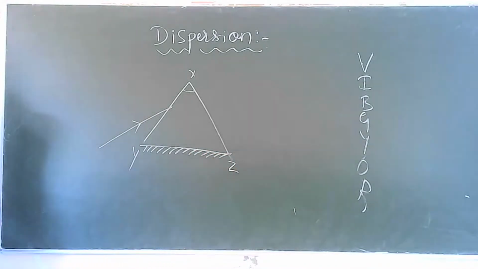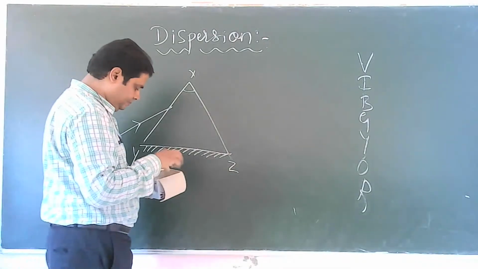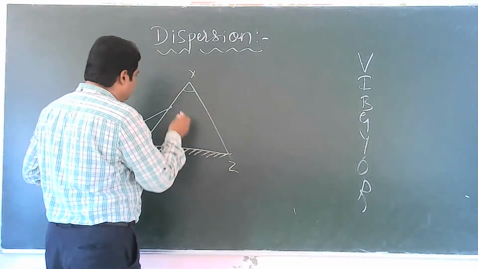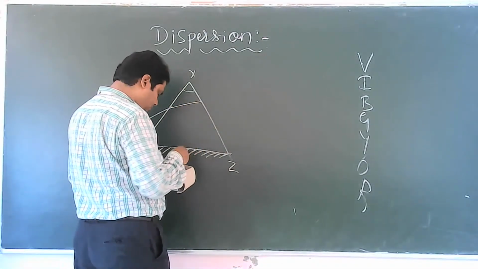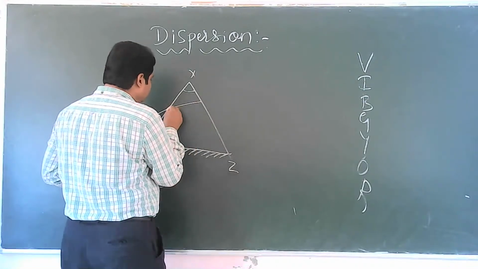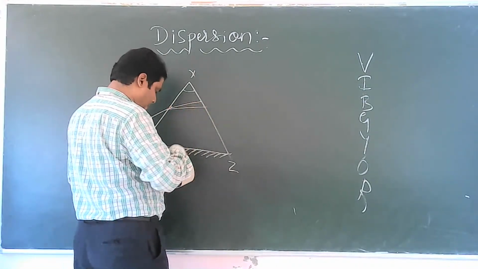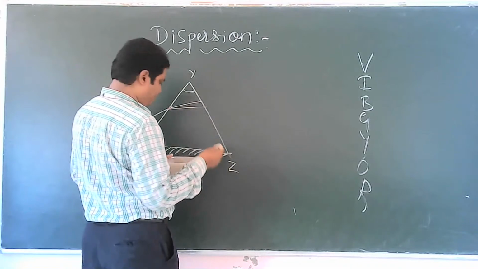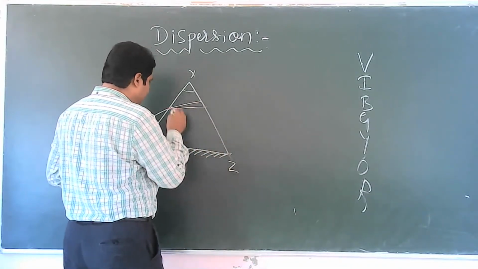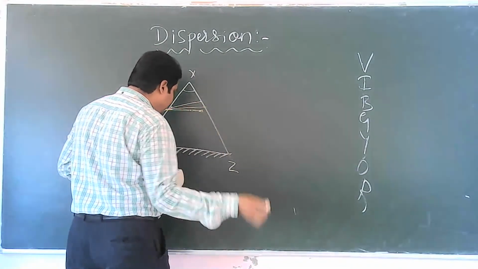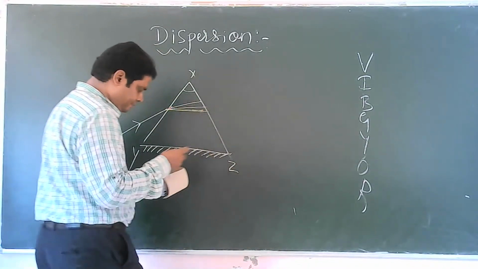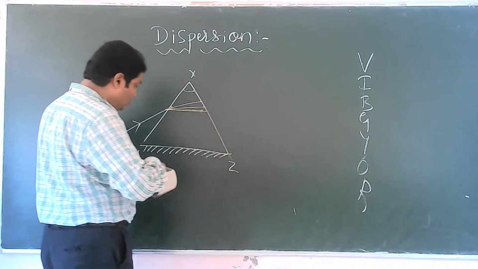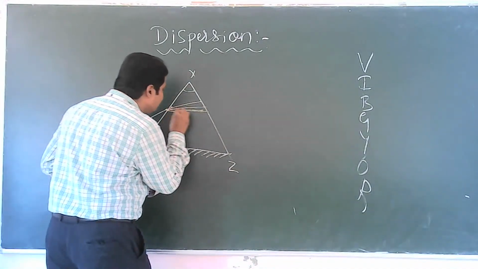We know the number of colors produced. 1, 2, yellow, yes, 3, almost green, not exactly green.